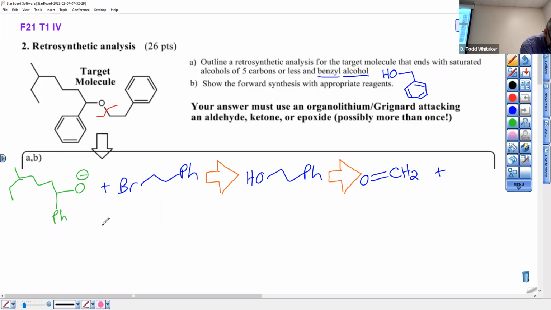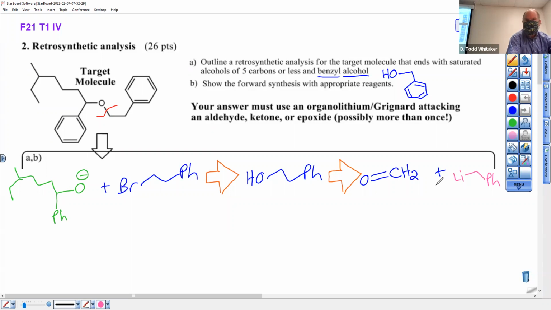Grignard or an organolithium. Lithium, CH2F. Those two will combine to make this species. Step 1, the C- attacks, you get an O-. Step 2, you're going to show me during your forward synthesis. Step 2, you have to protonate your O-.